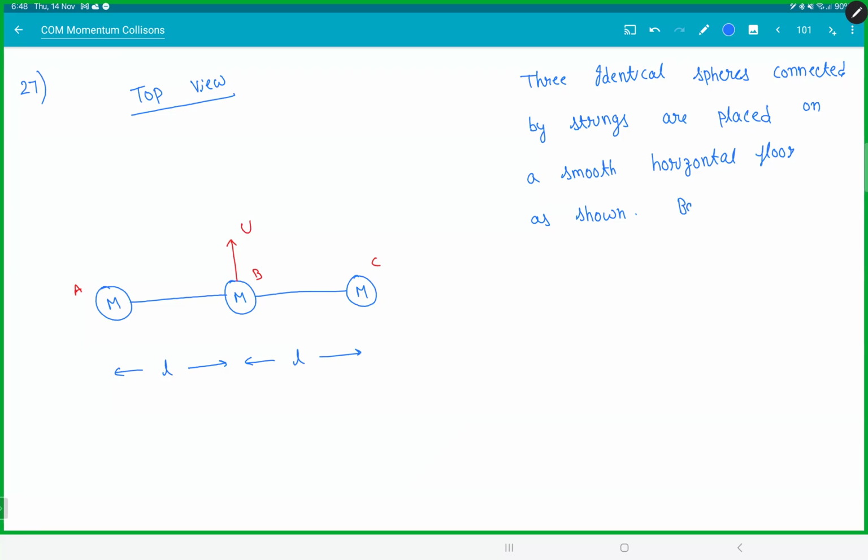Now the ball B is given speed U. Now, if you leave it like this, what do you think will happen?